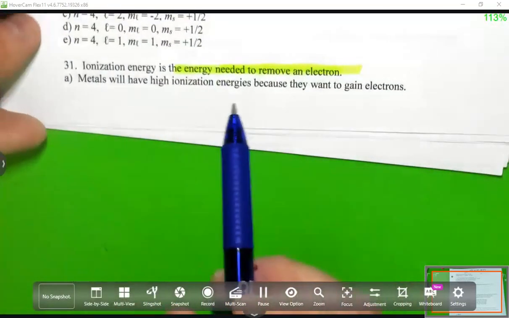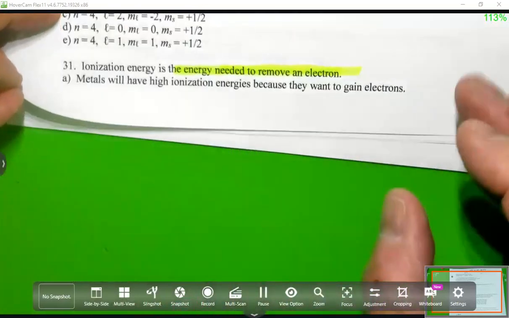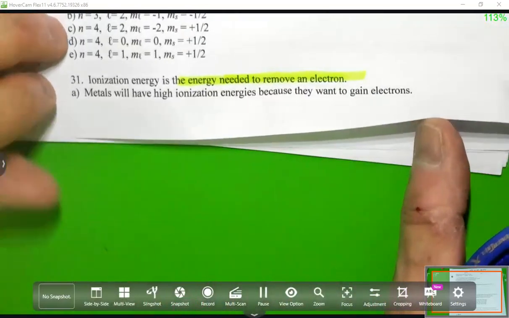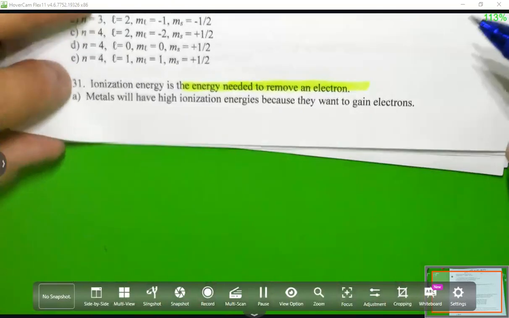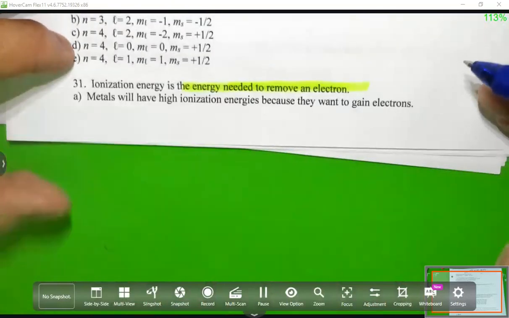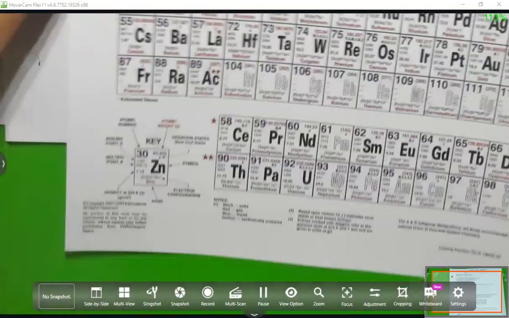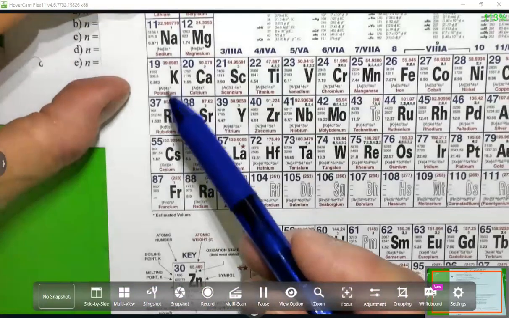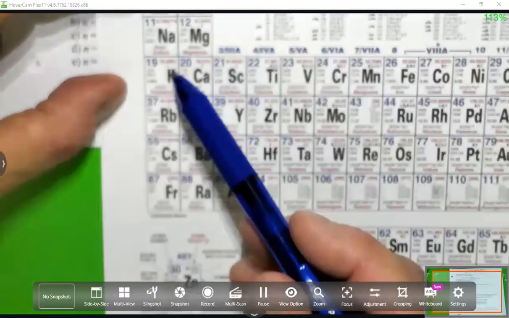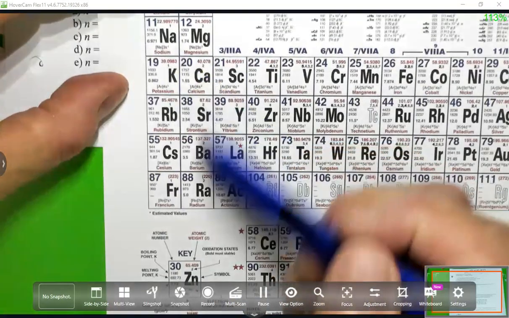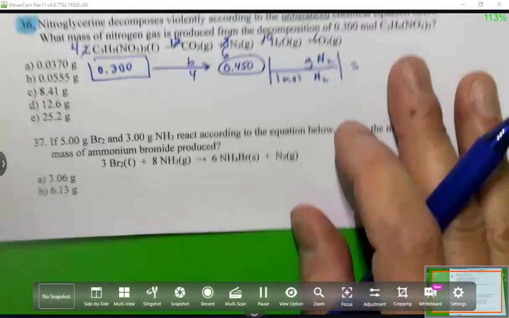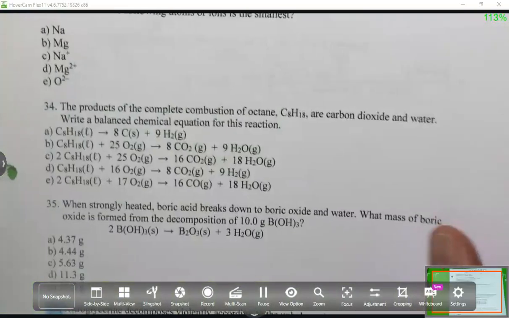Metals have high ionization energies because they want to gain electrons. Is that true or false? That's absolute top of the line BS, right? These metals don't gain electrons. If they gain electrons, they would have a negative charge. All of these metals lose electrons, give up electrons. So A is just complete BS.